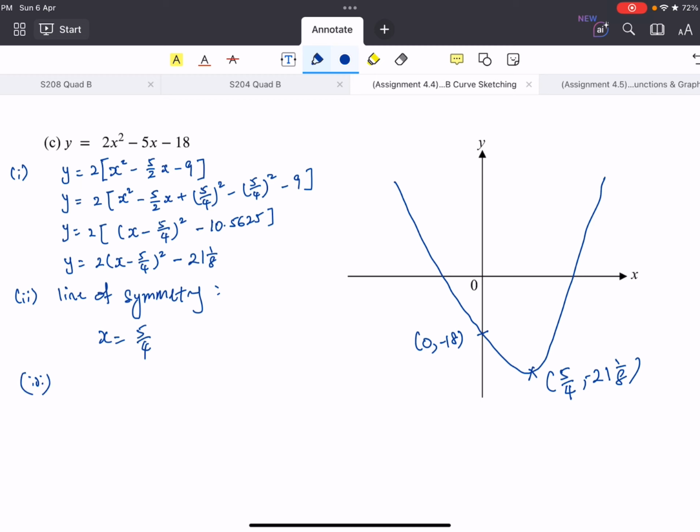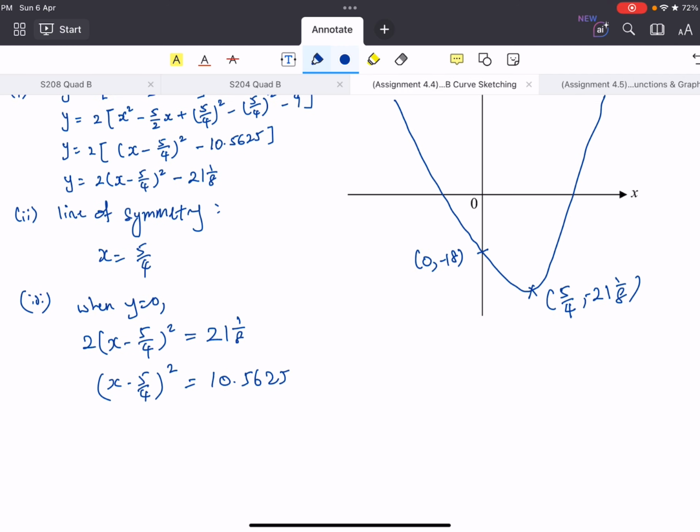The x-intercept means when y equals 0. 2 (x minus 5 over 4) squared equals 21 and 1 over 8. (X minus 5 over 4) squared equals, this I divide by 2. Go back to 10.5625. Okay, sure. And then we square root this. So x minus 5 over 4 equals plus or minus 3.25, which is 3¼.